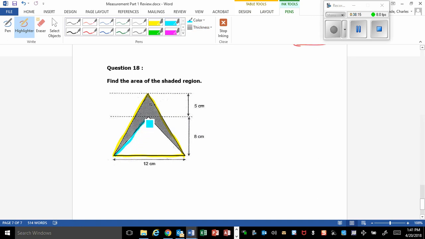Now I just colored in to make it look nice. So we're going to need to take this one out.